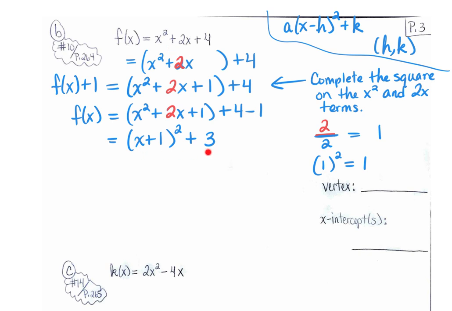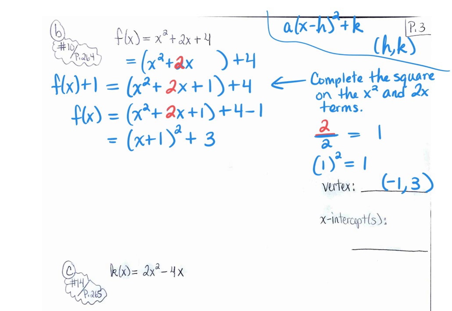Same equation as this, written in a different way. We completed the square. The benefit of writing it this way is we can identify our vertex. What is our vertex? Say what? I just didn't hear you. Negative 1, 3. Very good. That's your vertex. Negative 1, 3 is your vertex.